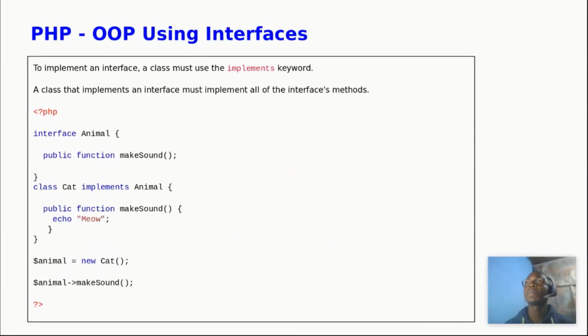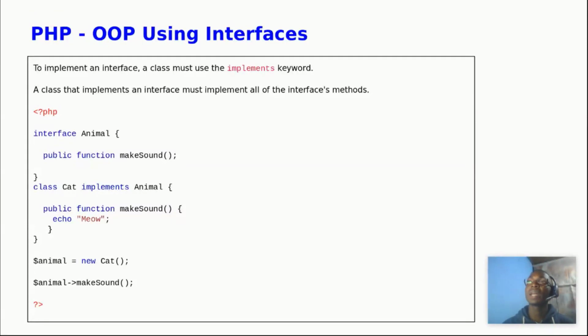Now, to implement an interface, a class must use the implement keyword. So if I have my class called person and I want the person class to implement the animal interface, I must use the implement keyword. So for example, you have a basic example here.